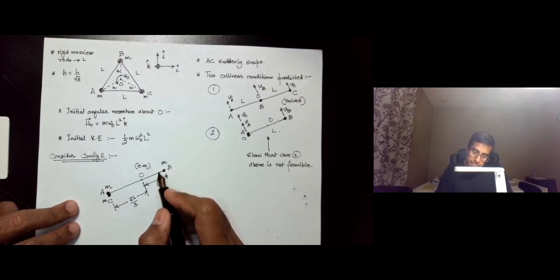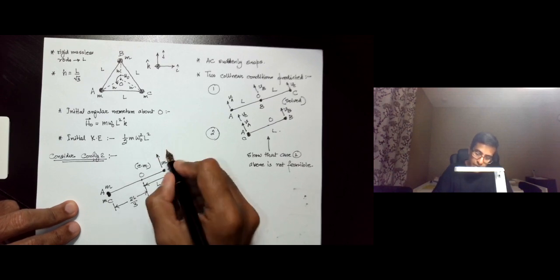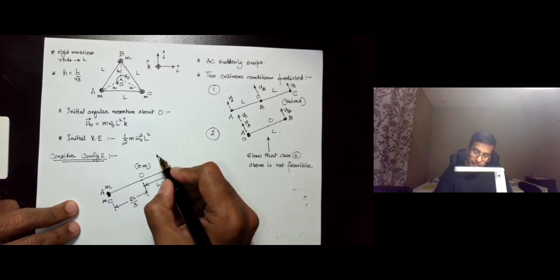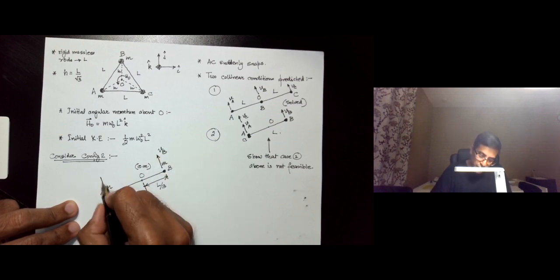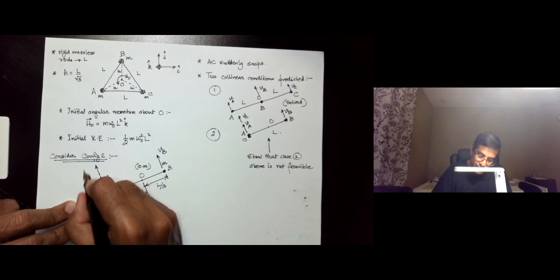Also, the velocities at this instant can only be perpendicular to this rod or rods, because there are two rods here, A to B and then B to C. So let's say this velocity is VB, and we have the two velocities VA and VC.